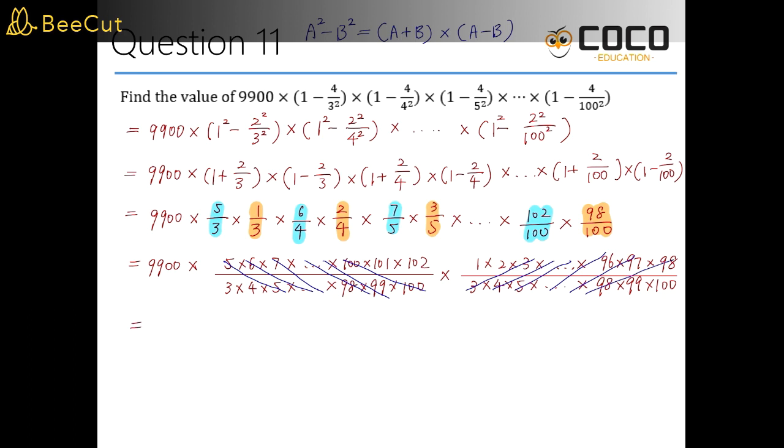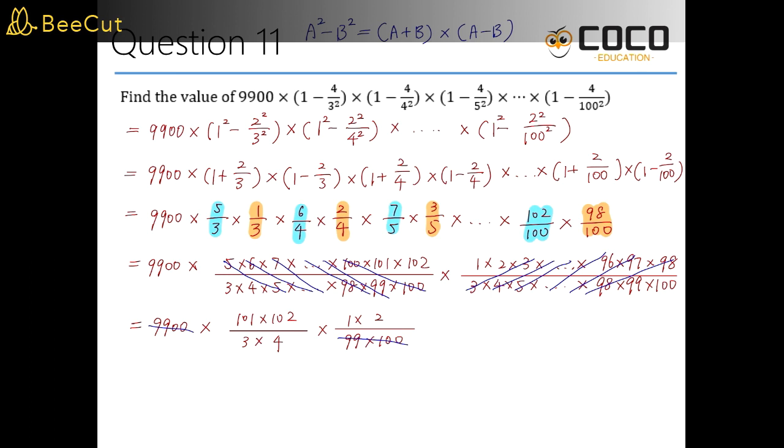So we check for the factors that are left. In the first group, we have 101 times 102 over 3 times 4. In the second group, we have 1 times 2 over 99 times 100. Right, 99 times 100 is 9900, so they cancel each other. Then for the remaining numbers, we work out the value.